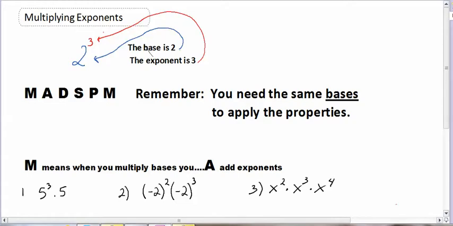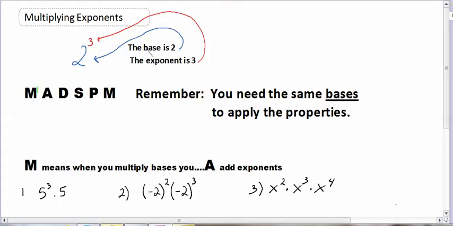I want you to write the word base on that empty line right there, because you need to have the same bases to apply the properties. In order for these properties to work, you have to have the same bases. That means you have to have the same big number or the same letter. Today we're going to be focusing on the M and the A at the beginning of our mnemonic.